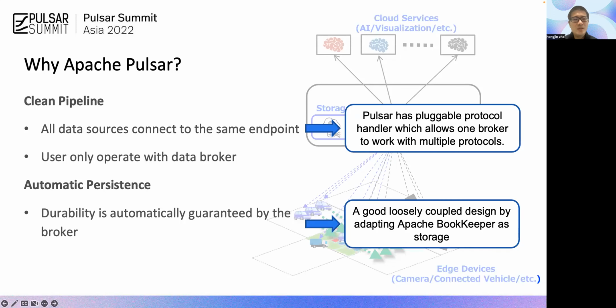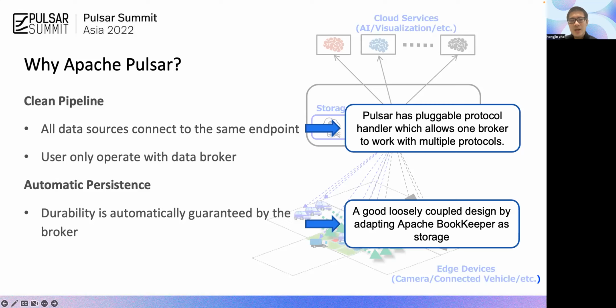To realize this system, Pulsar is a basic framework, and Pulsar has a pluggable protocol handler. So it allows us to work with multiple protocols with just one broker cluster. Now Pulsar has pluggable protocol handlers for MQTT, Kafka, or many other brokers.